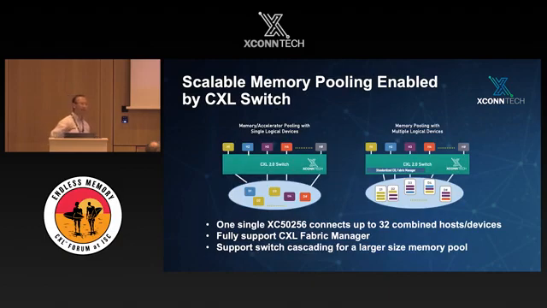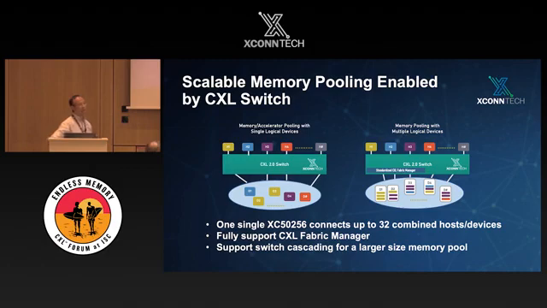In 3.0, they are enabling switch cascading, or inter-switch connectivity, and our switch today can also support this cascading. In certain cases, our customers want to build a very large memory pool, and just 32 ports of our single switch are not enough.